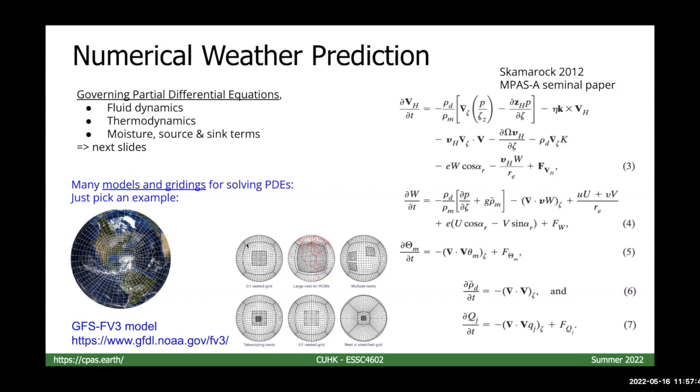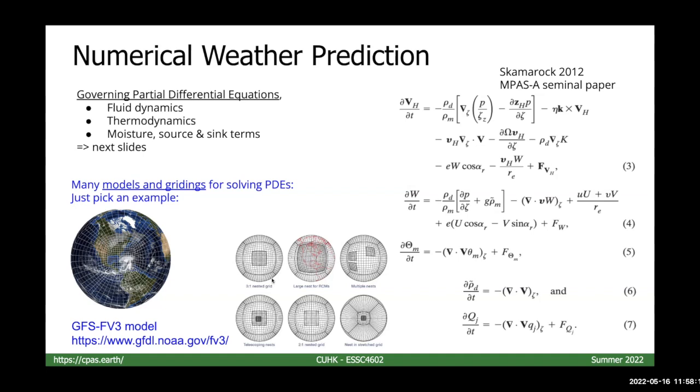But you will see many people use rectangular grid. In some way, it is called a cubed sphere. It is something like a balloon, and then you draw a rectangle on the balloon, and then you blow it up to become something three-dimensional. And then this is actually a curved surface, something like a rectangular grid on a spherical surface.